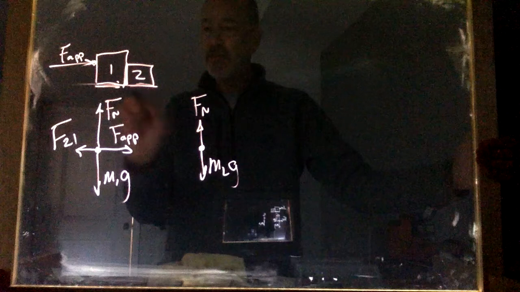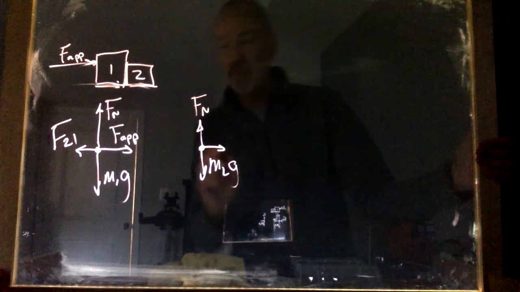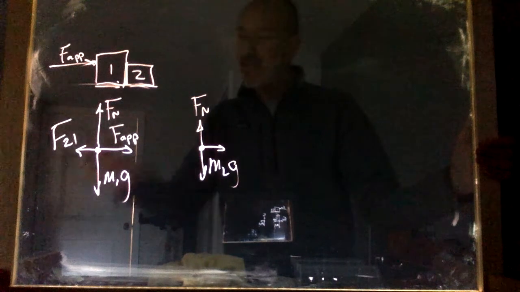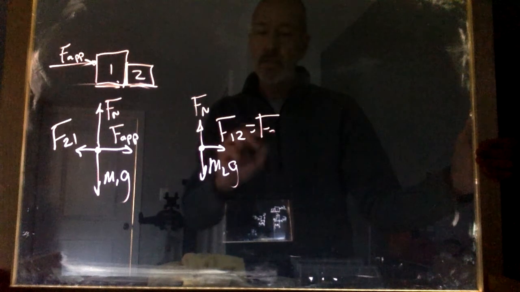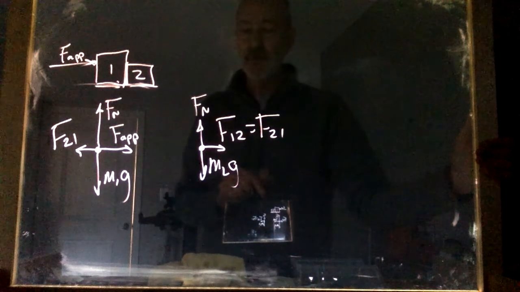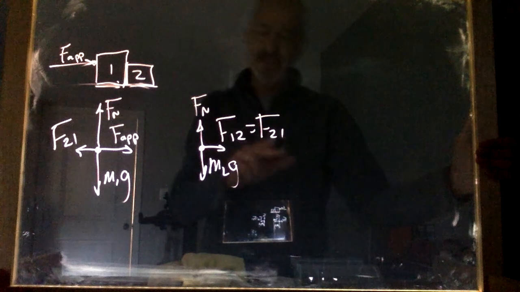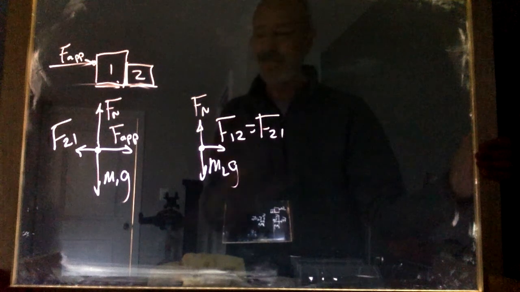No friction. Got the normal force. Oh, there's a normal force from object 1. And that is exactly equal to the force of object 1 on object 2. Sorry, force of 1 on object 2 is exactly equal to the force of object 2 on object 1.